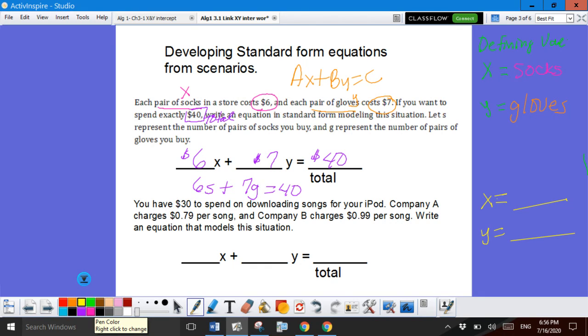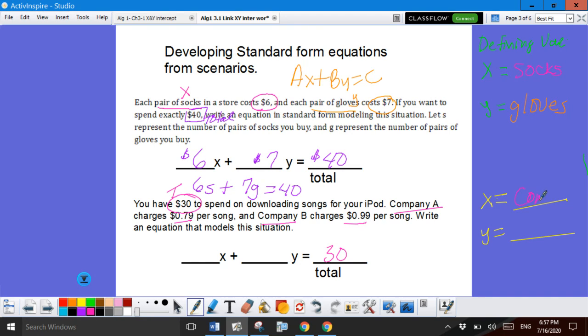Hopefully, as you read this, the first thing you came across is the $30, and you have to realize that's your total. So that is going to go here. And then I have company A, 0.79, company B, 0.99.